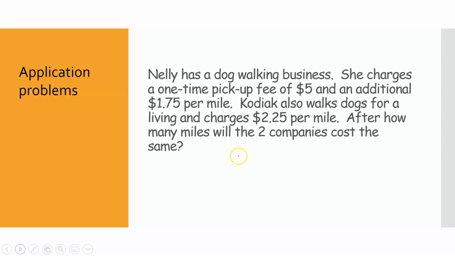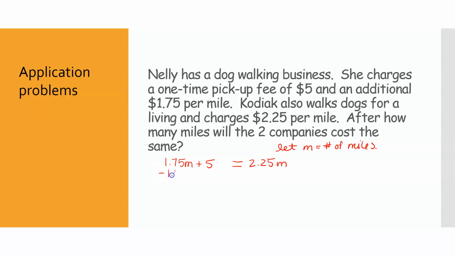Well, if you're looking for when they cost the same, you have an equal sign in the middle. I'm going to say let m equal the number of miles. So we're going to put Nellie's on one side and Kodiak's on the other. I have $1.75 m, and then here's her pickup fee that Nellie charges, and Kodiak's is $2.25 m.